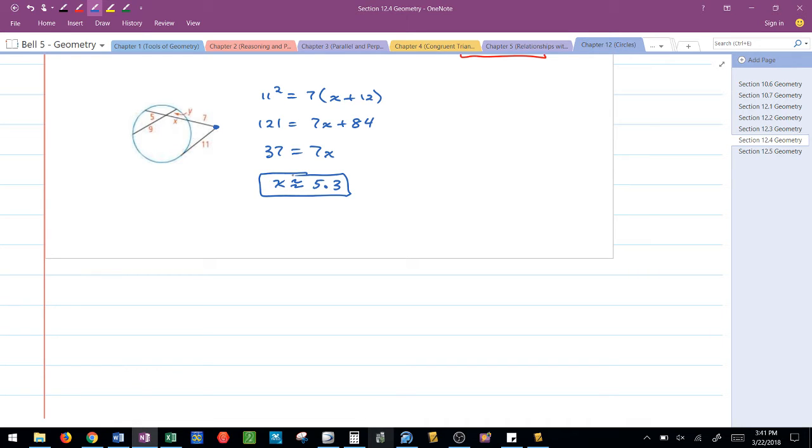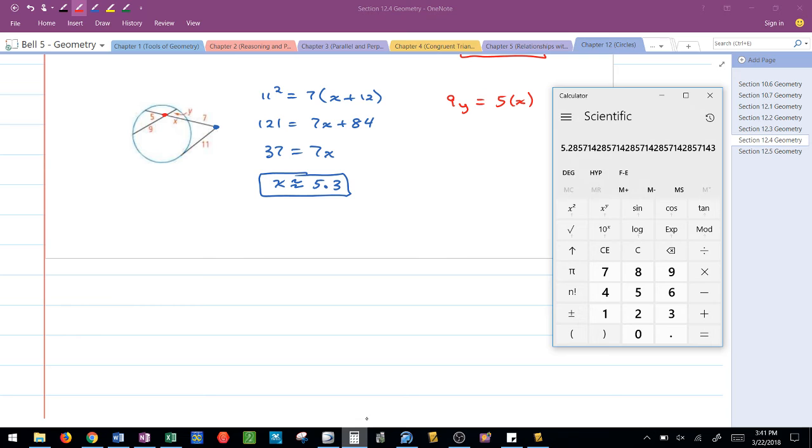In other words, here's what I know. To find y, I have to use this vertex. I know that 9 times y, or 9y, is equal to 5 times x. Now, if you remember, on my calculator, I had x out to a lot of decimal places.